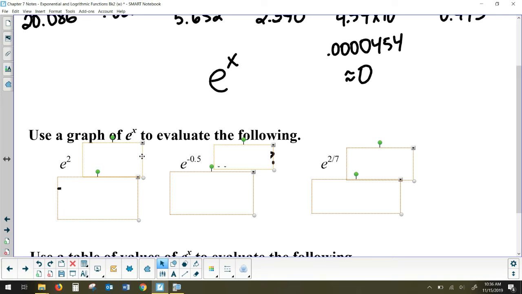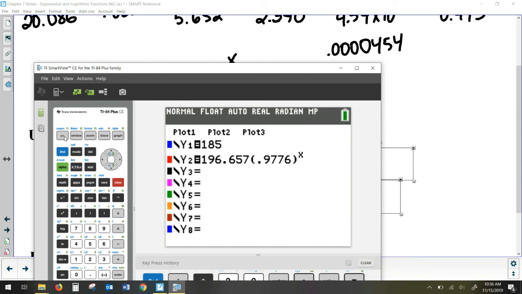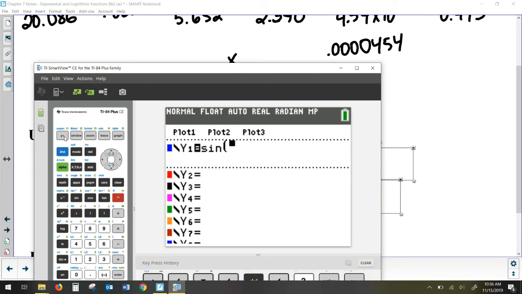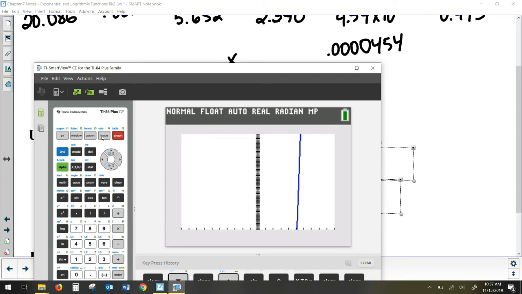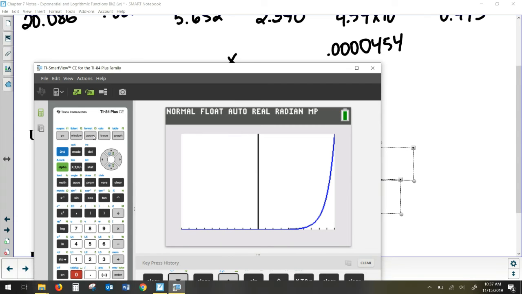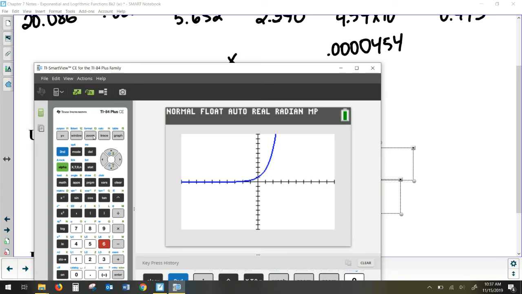Alright, using a graph. We're going to type in our graph. Y is equal to e to the power of x. Ooh, my bad. Graph it. Zoom standard is what I wanted.